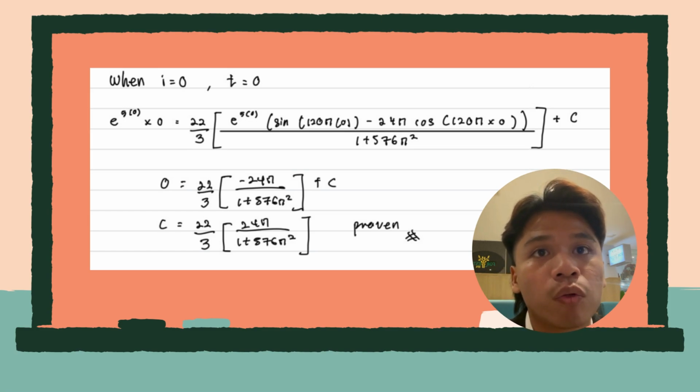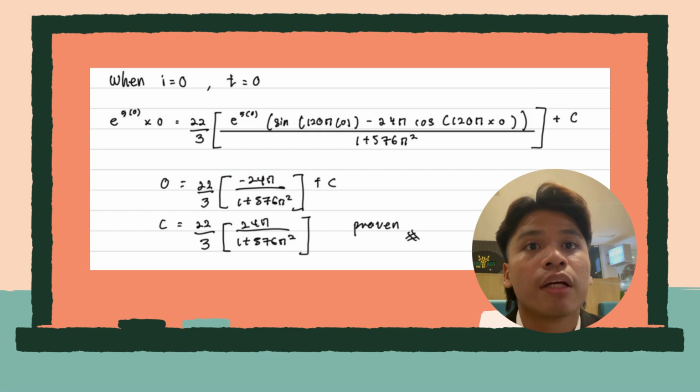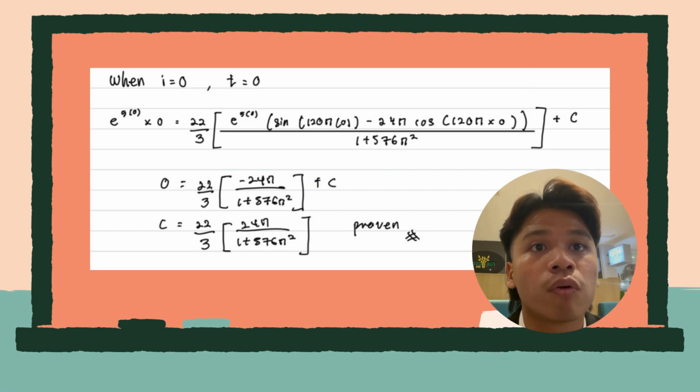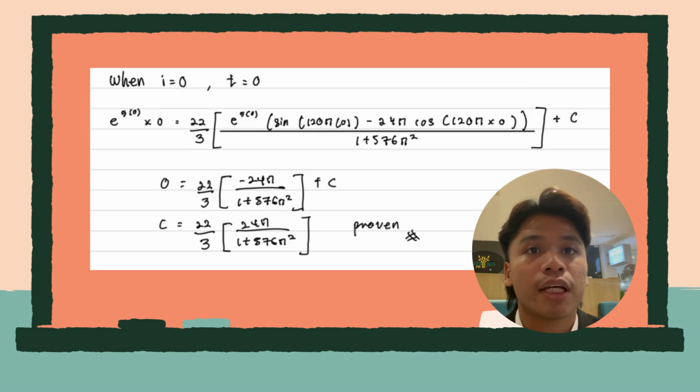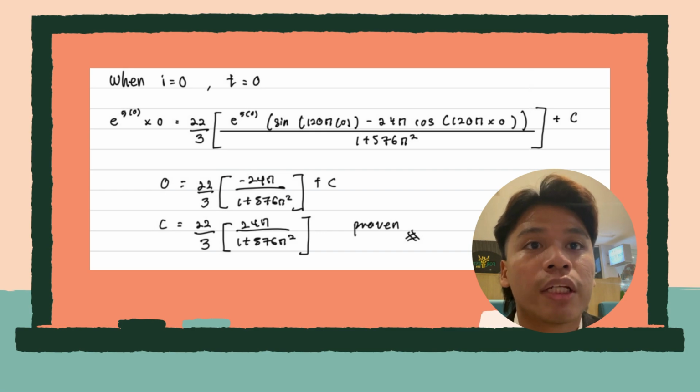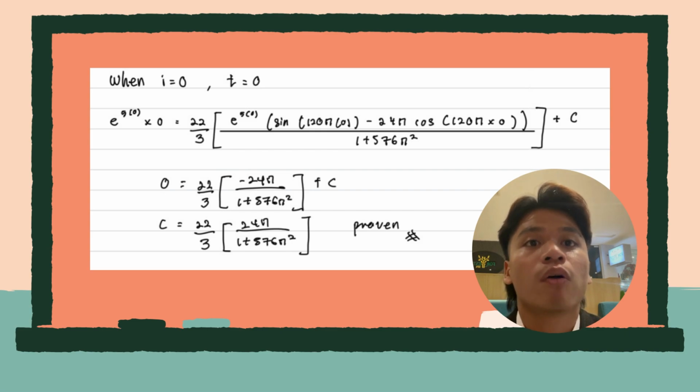It will be e to the power of 5 times 0 times 0 equals 22 over 3 times e to the power of 5t sine 120 times 0 minus 24 pi cos 120 pi times 0 over 1 plus 576 pi square, plus C. After we substitute all of this and simplify, it can be proven that C equals 22 over 3 times 24 pi over 1 plus 576 pi square. So this equation is proven. Thank you.